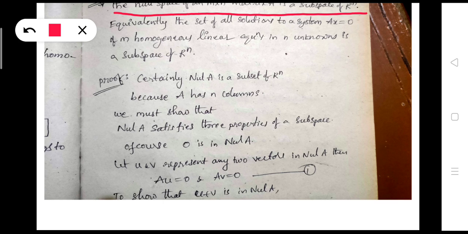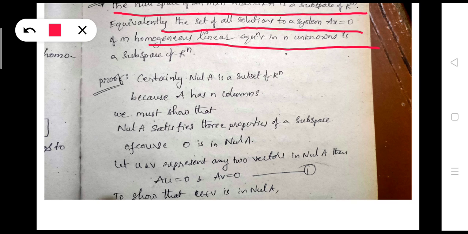Or equivalently, the set of all solutions of the system Ax = 0 of m homogeneous linear equations in n unknowns is a subspace of Rn. What is the null space of matrix A? The set of all solutions of the homogeneous equation Ax = 0.